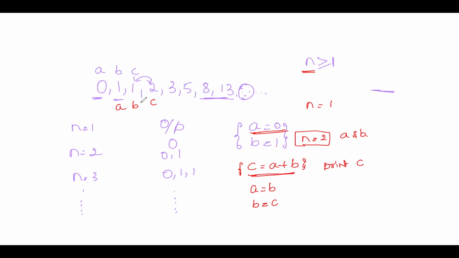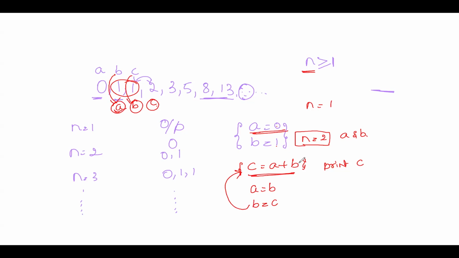A got the value of B, isn't it? Because I said I'm shifting it over this side. So A got the value of B and B got the value of C. What happens to C? C is nothing but once again A plus B. So which means I can come back over here. Okay, so that is the logic.